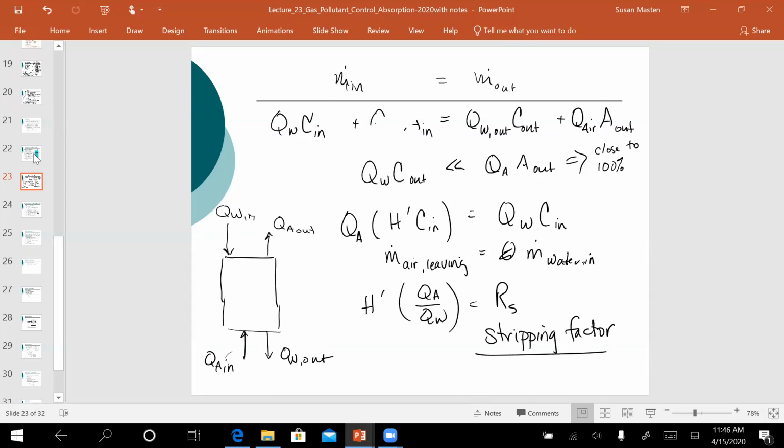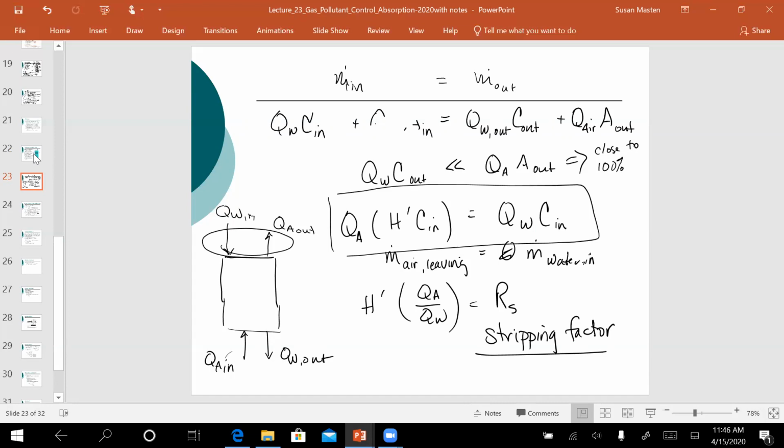Since we have equilibrium between the, in this case, trichloroethylene in the air leaving and in the water, we can write this mass balance equation in terms of a Henry's constant. So we're assuming equilibrium. We're assuming dilute solutions.